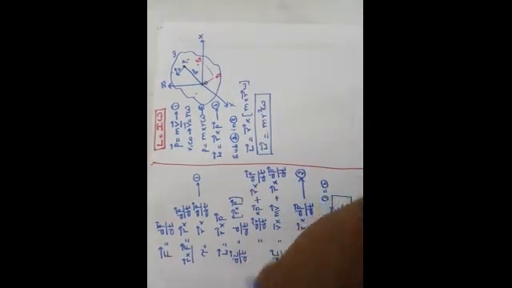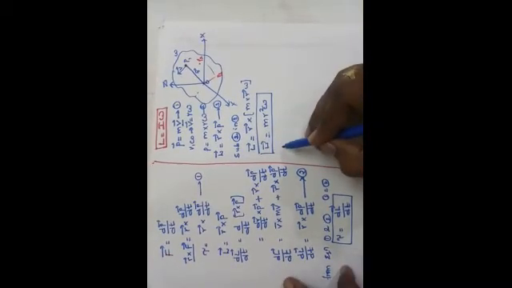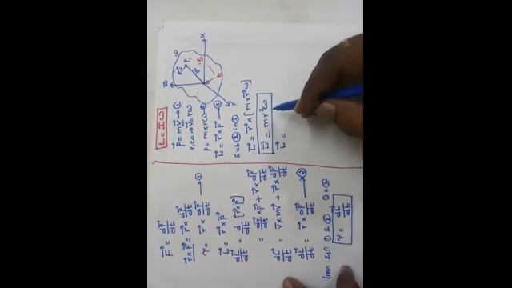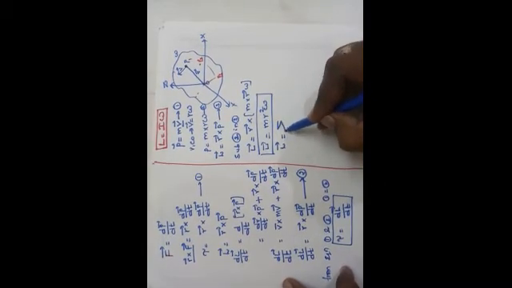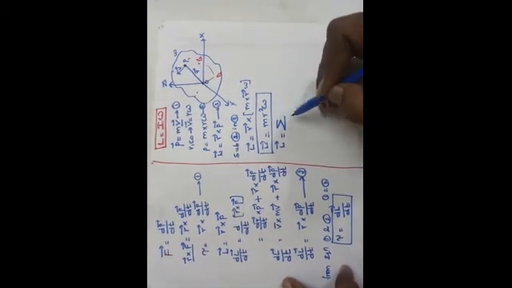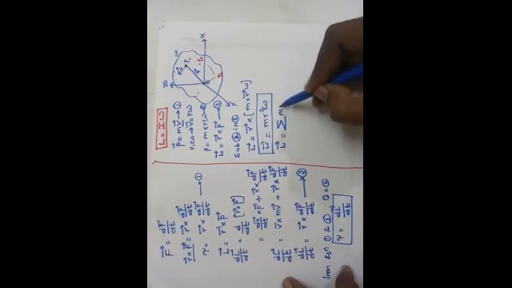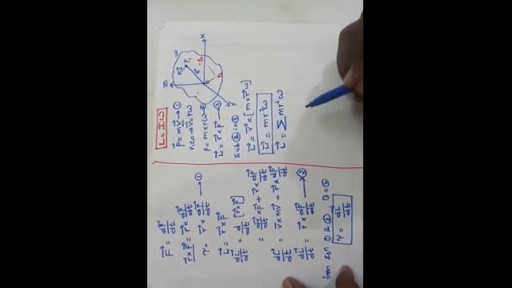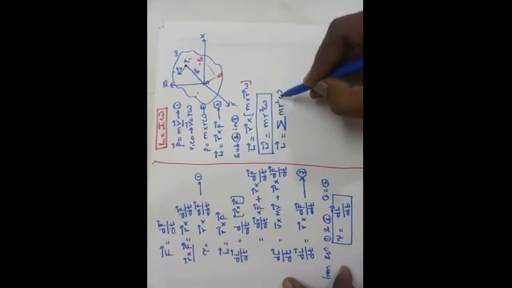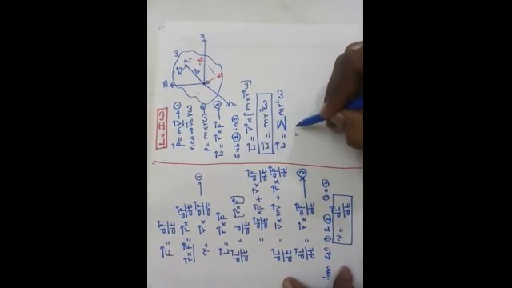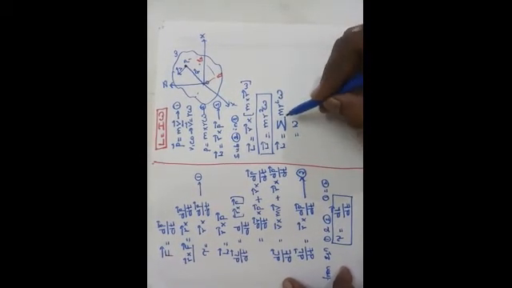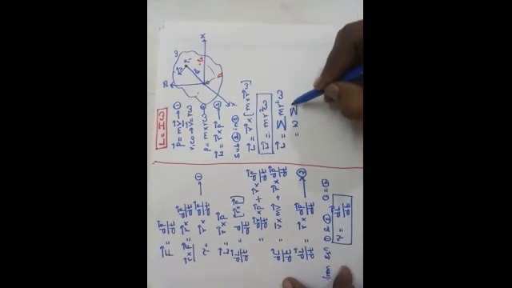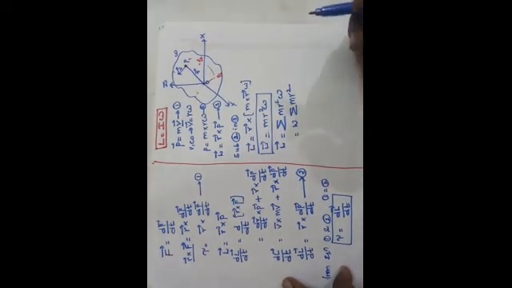In this case, the total angular momentum can be taken as L bar, which is the sum of all angular momenta, summation m r square omega, where angular velocity is constant. So write that outside and we get summation m r square.